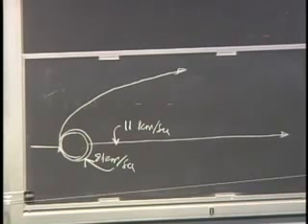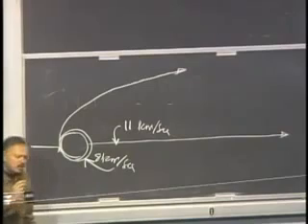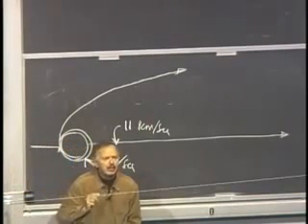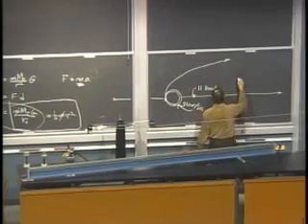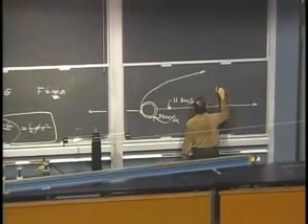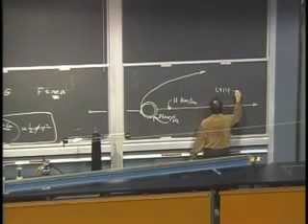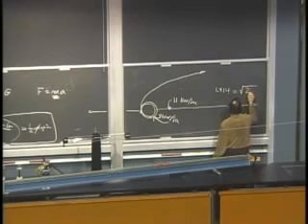Now, an interesting thing about this, and again, this is an amusement for all of you here. I'm going to be using this fact, but not require you to know it. I want you to know that escape velocity is higher than orbital velocity. It's always a little bit higher. How much higher? It turns out to be higher by a factor of 1.414. You may recognize that as an approximation to the square root of 2.